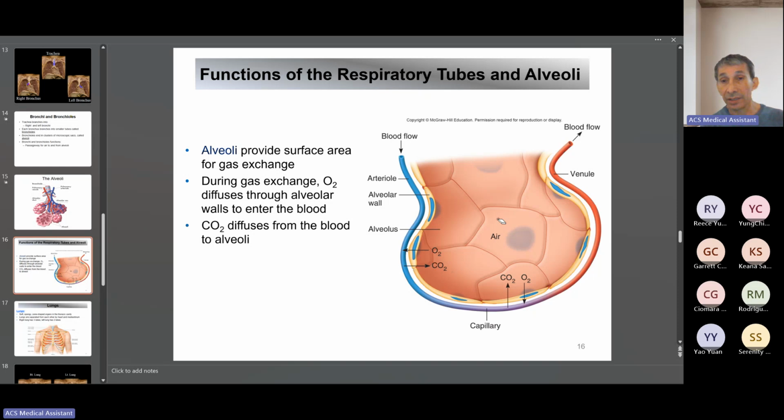Delivering oxygen and removing carbon dioxide is not the same. Even if it goes on the same track, they go in opposite directions. One enters, the other one leaves. That's gas exchange right there.